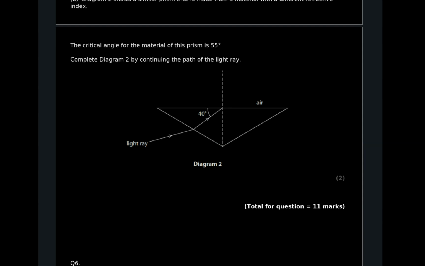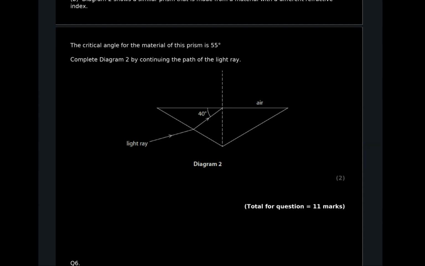The critical angle of the material of this prism is 55 degrees. Complete diagram 2 by continuing the path of the ray of light. Now, the angle of incidence in this case is again 50, because 90 minus 40 will be 50.